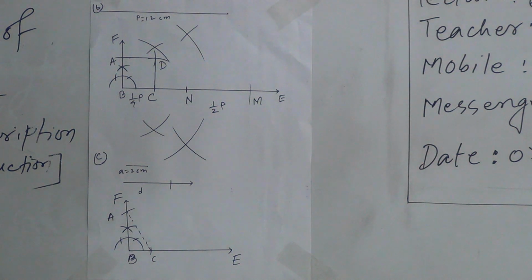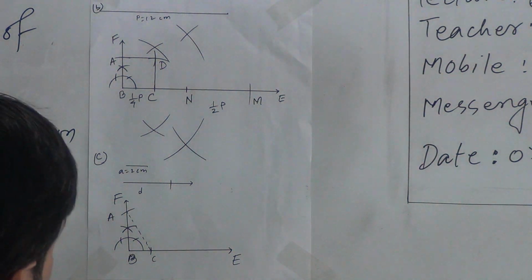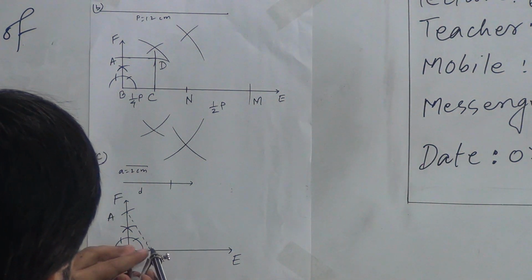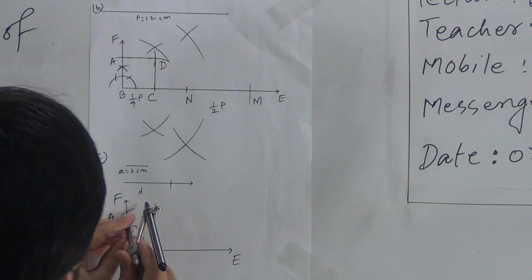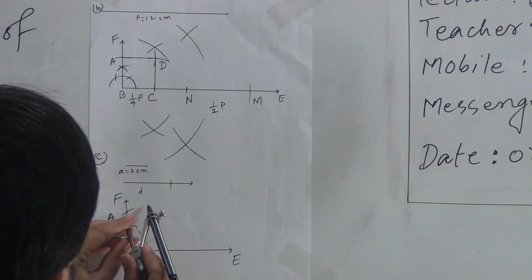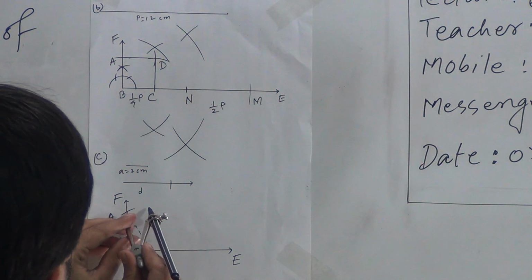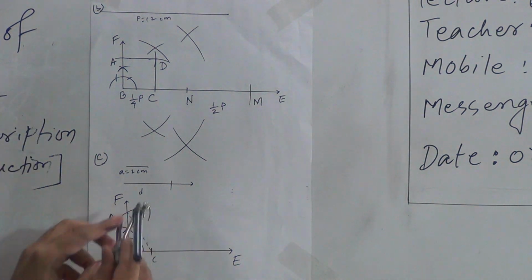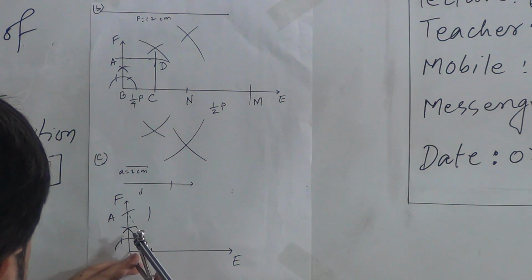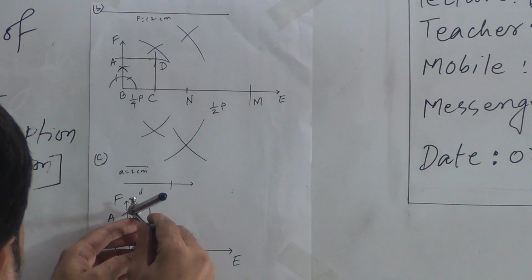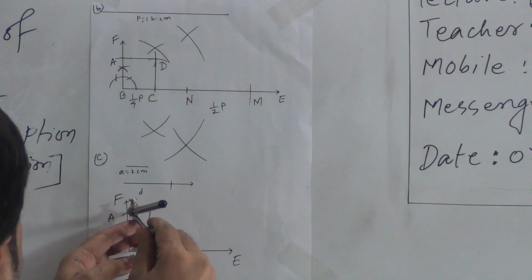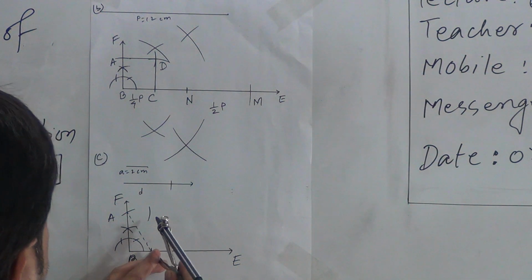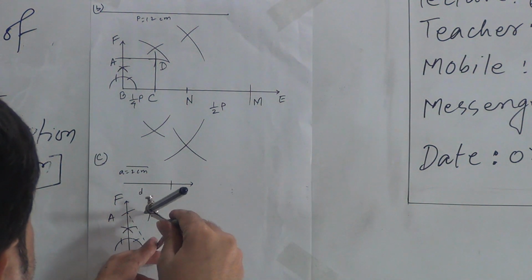Now with A as center, measuring the length BC, draw an arc in the interior of angle ABC. Then taking the length equal to BA or AB, draw another arc in the interior of angle ABC with C as center.